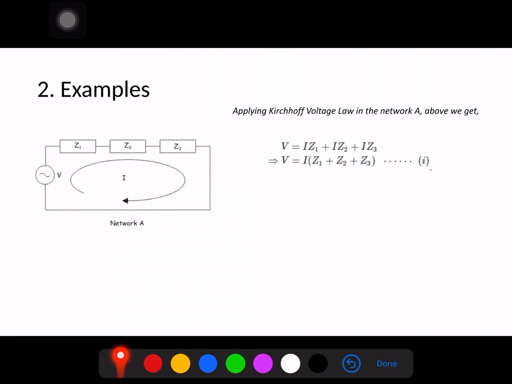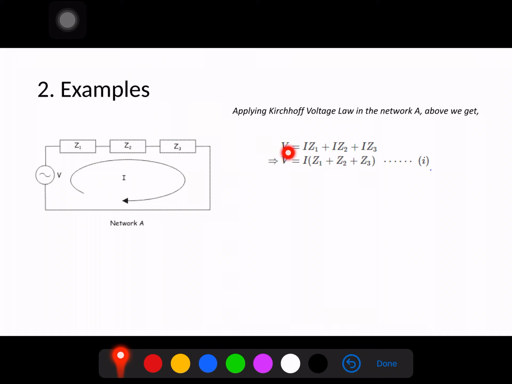If you look at this example, you can see a circuit. It's a basic circuit with Z1, Z2, Z3 in series with a voltage source. Now Z is impedance. Impedance meaning it can be a resistor, capacitor, inductance, or any combination of these elements. So if we apply KVL in this mesh, what will we get?